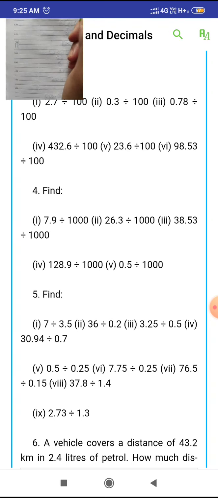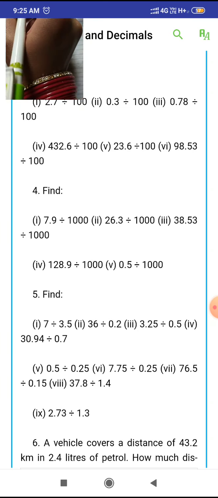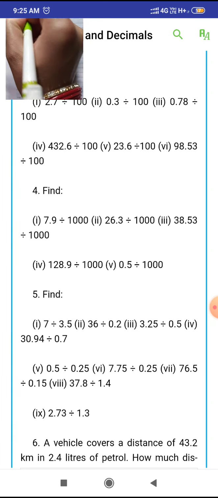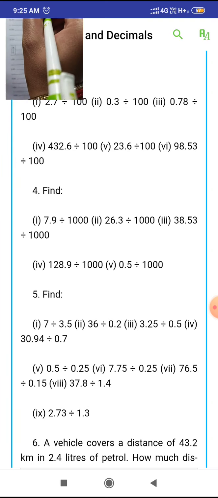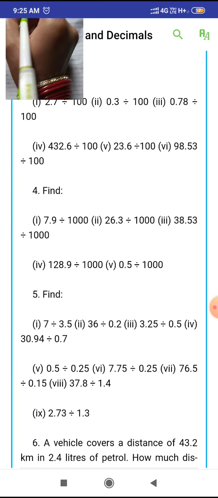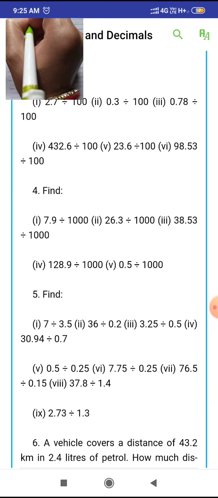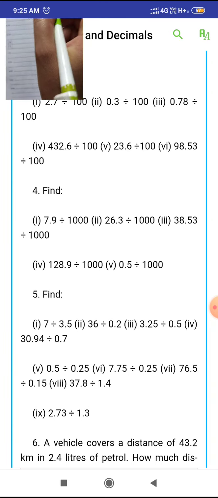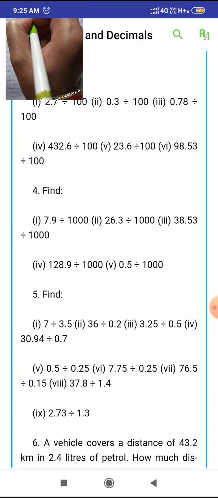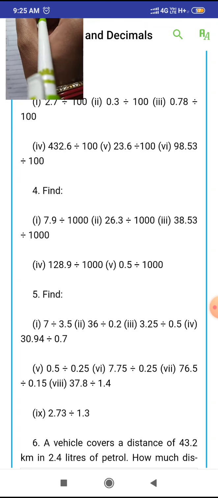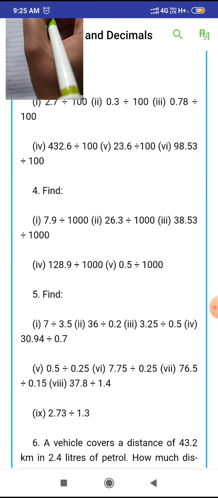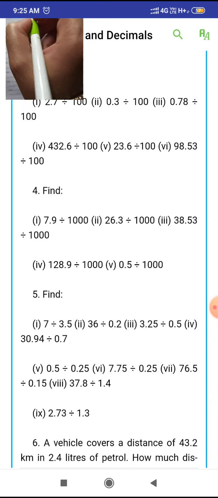Take one more part from the fifth question. In the second part we have to divide 36 by 0.2. Here is also a decimal number in the denominator. So first we remove the decimal from the denominator. For this we multiply by 10. It depends upon how many digits are there after the decimal.